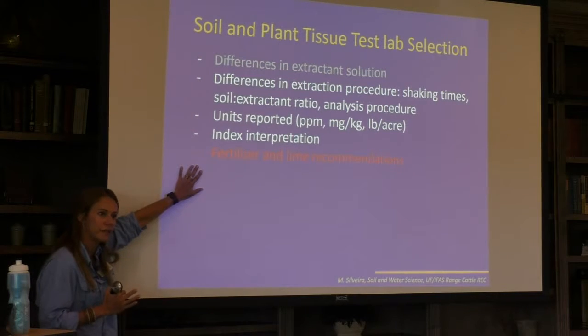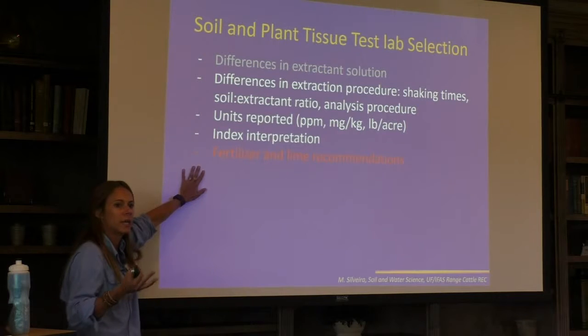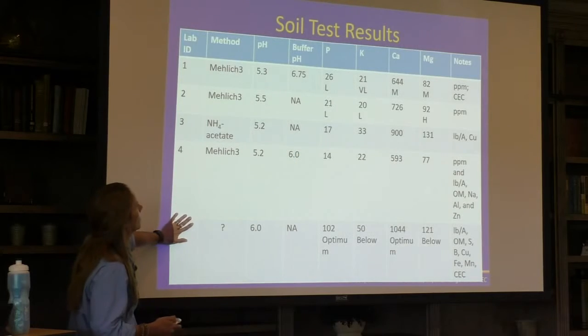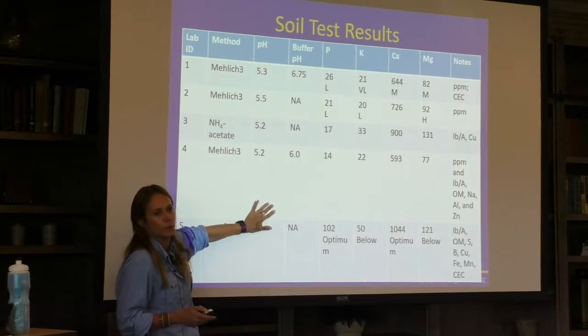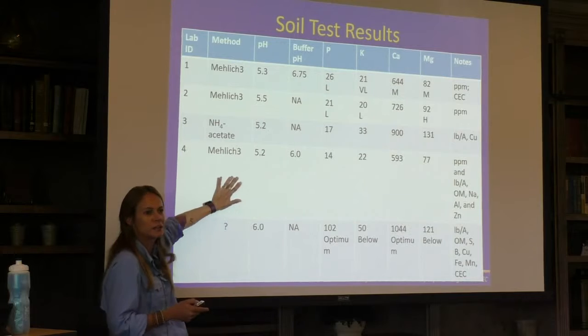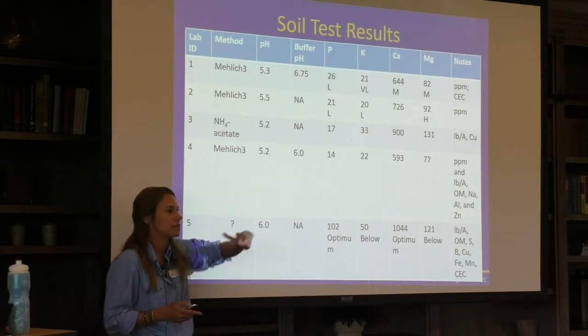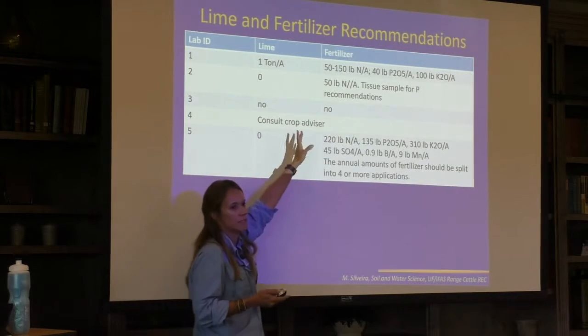And they often ask us, why, if I send my samples to Waters Lab in Georgia, am I getting a completely different fertilizer recommendation compared to University of Florida? You can take a look at this slide one more time at home. I'm running out of time. But this is one sample, the same sample that I submitted to 5 different labs, and here are the different fertilizer recommendations.